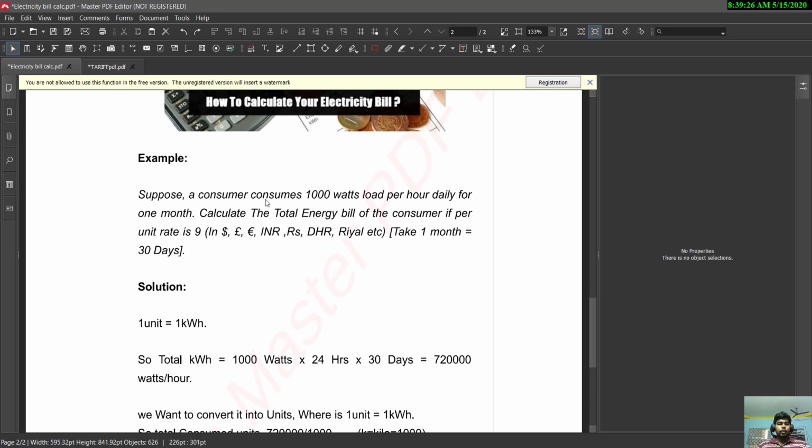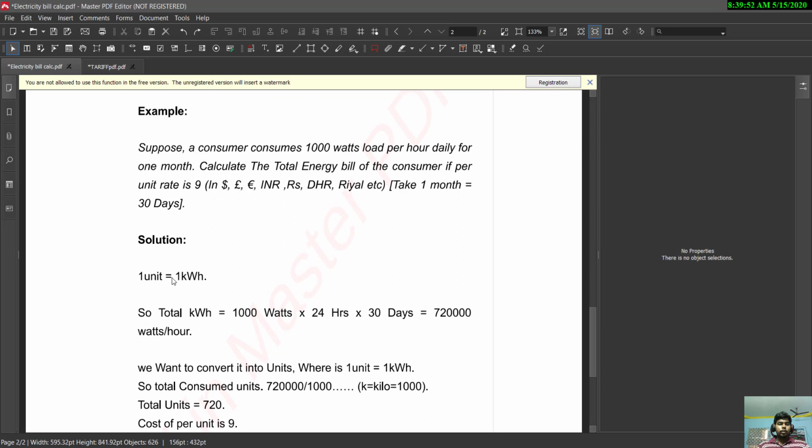Suppose a consumer consumes 1000 watts load per hour daily for 1 month. Calculate the total energy bill of the consumer if the cost per unit is 9 rupees.